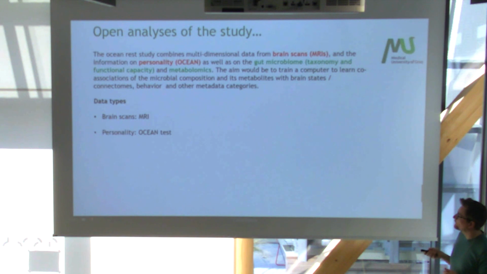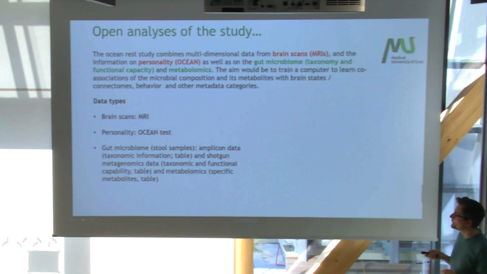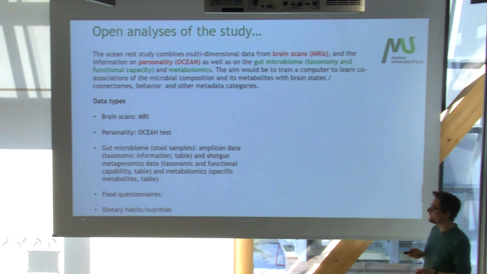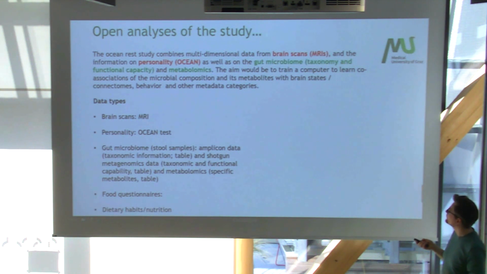So we have those brain scan information, the personality through the OCEAN test, and multi-omics, let's say, from the gut microbiome. Through stool samples, we have amplicon data, shotgun data, and also metabolomics, and also predicted metabolites and a food questionnaire. So really a complex data set that is just there to be further analyzed and brought into context.